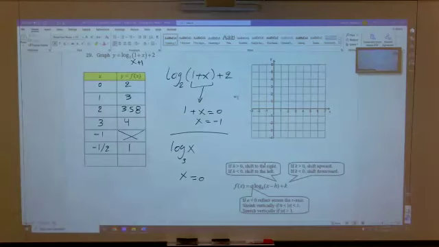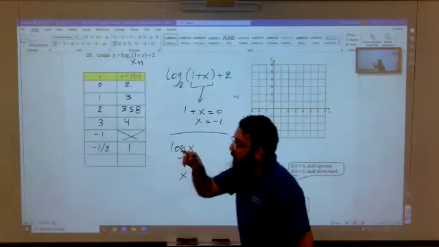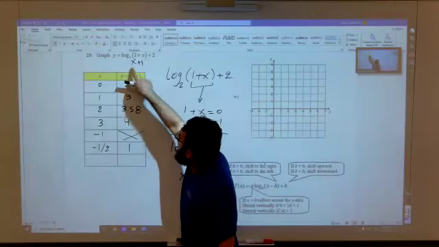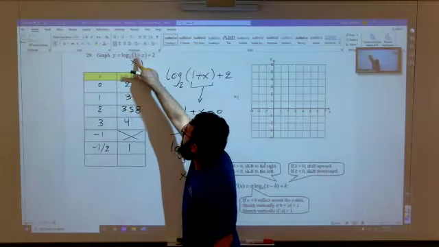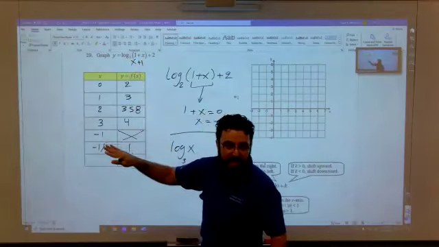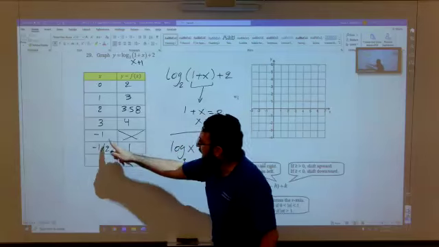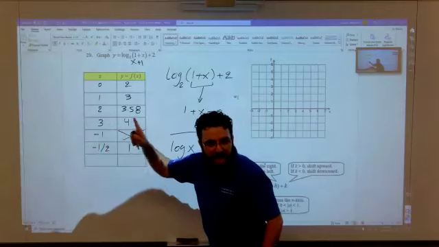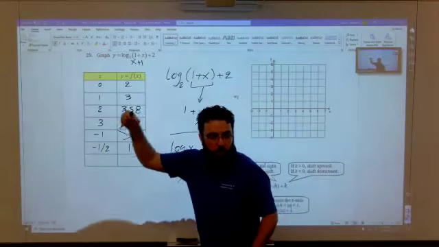So after the asymptote, I can choose any number. So the first thing, before I start graphing, I'm going to look at the asymptote. I take everything, 1 plus x equals 0. So x equals -1, this is the asymptote. That means I can't choose -1. I can choose -half. I can choose -0.25.